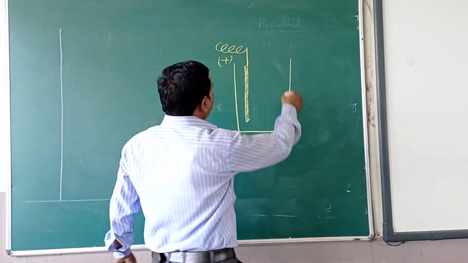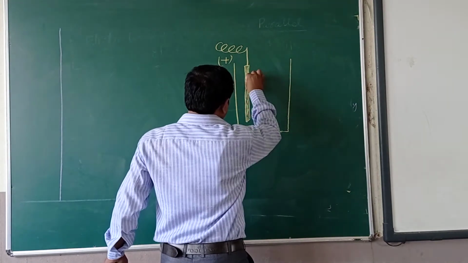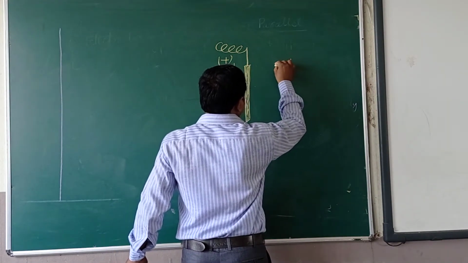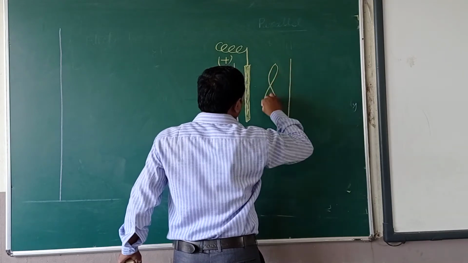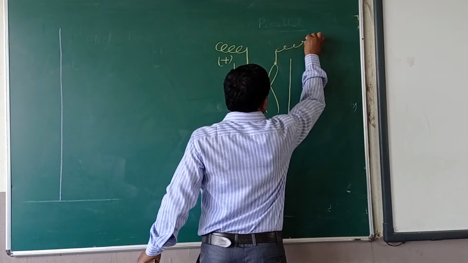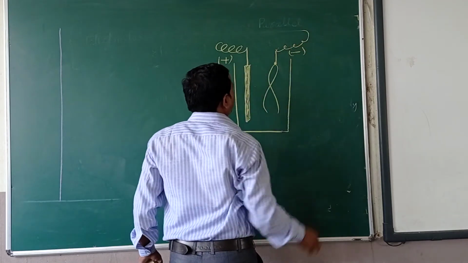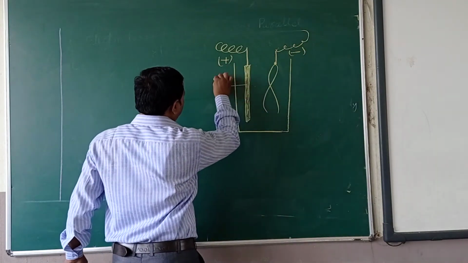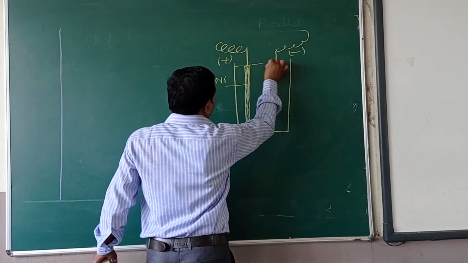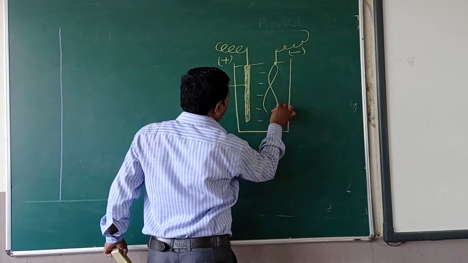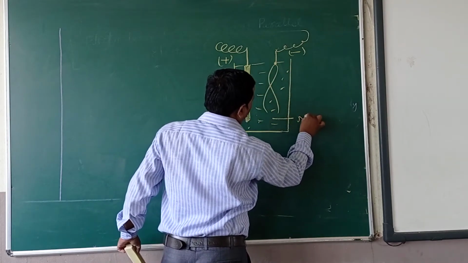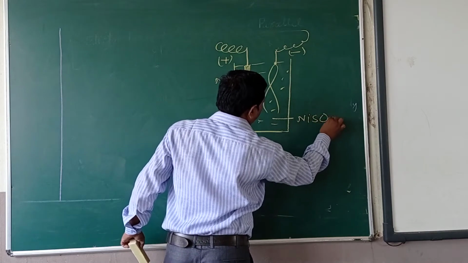The material which is going to be electroplated, like suppose a key, should always be kept at the cathode. This is nickel, and the electrolyte should also be of the same metal, nickel sulfate.